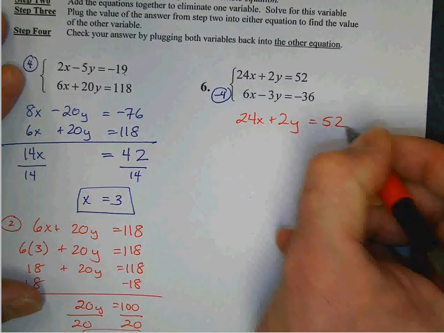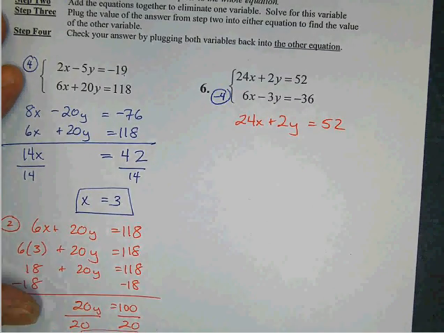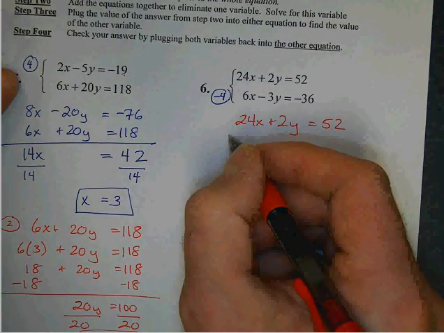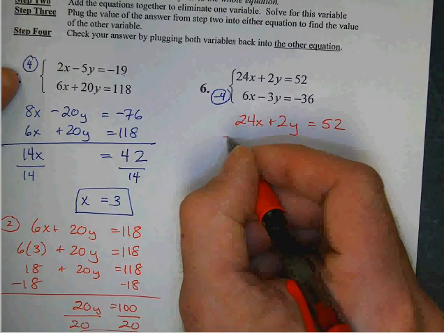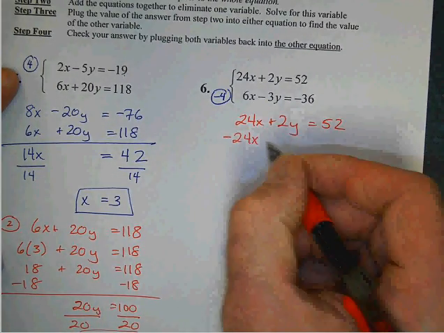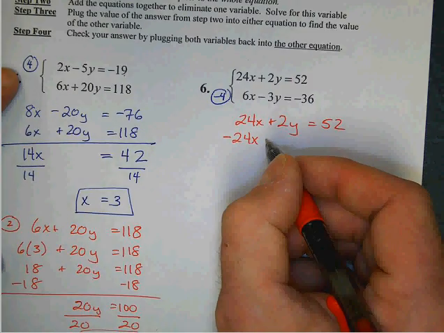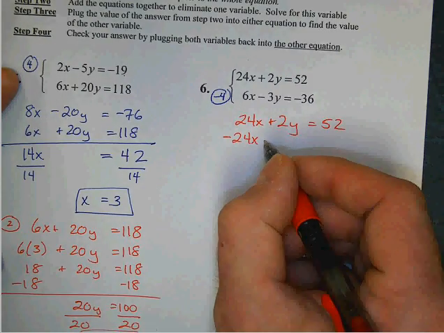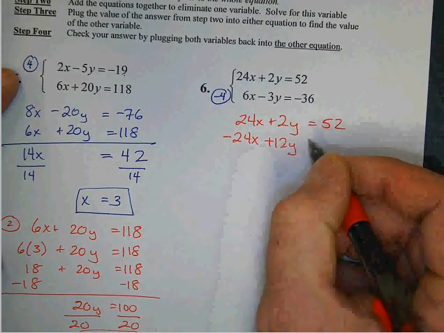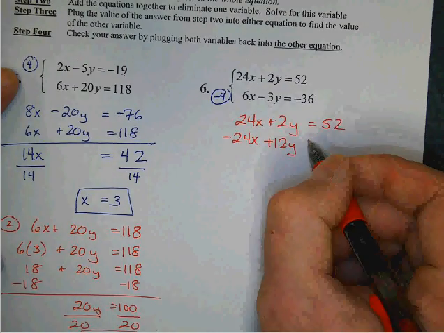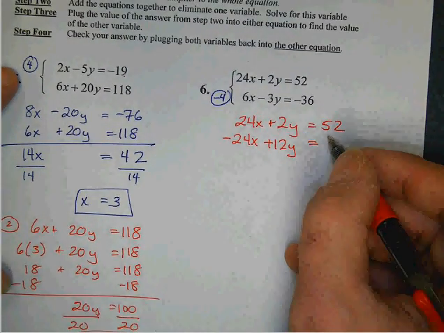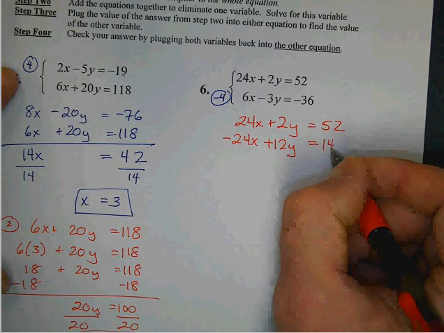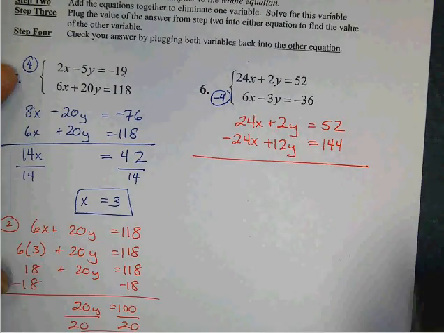Can you multiply that bottom equation by -4 for me? -24x. Good. Nice pickup on the positive, because a negative times a negative is a positive. 144.